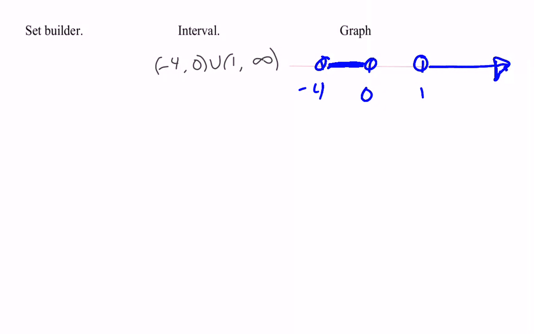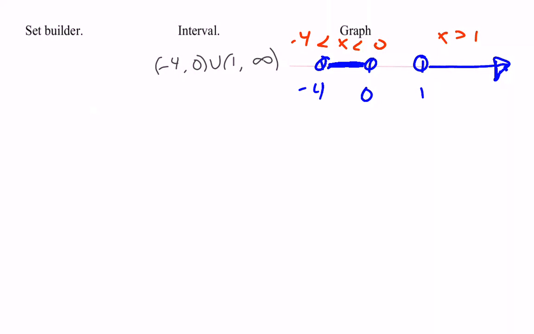So now what we want to do is write that in set builder notation. This last piece is pretty easy to write. This is where x is greater than 1. This other part, I think it's helpful if we think of it this way. Your x's are in between negative 4 and 0. I want x's to be less than 0, but greater than negative 4.